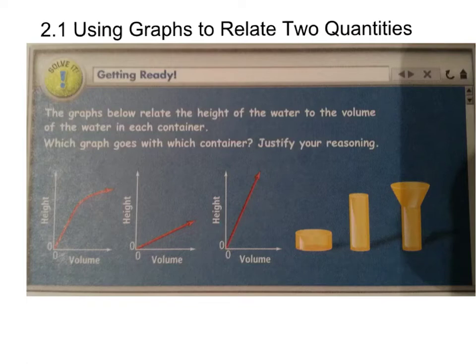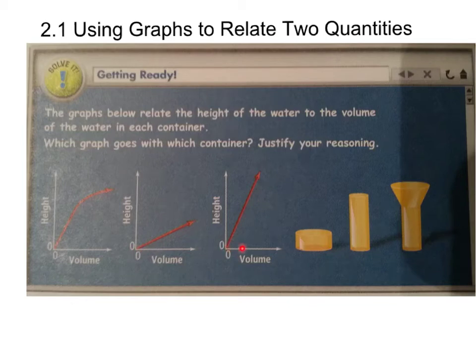Well, let's look at our first example. As we're going to the right, we have a constant rate right here of the height of the water in the container going up. And then all of a sudden, the height starts slowing down. In the next one, we have a gradual increase that's constant as we fill the container with water.